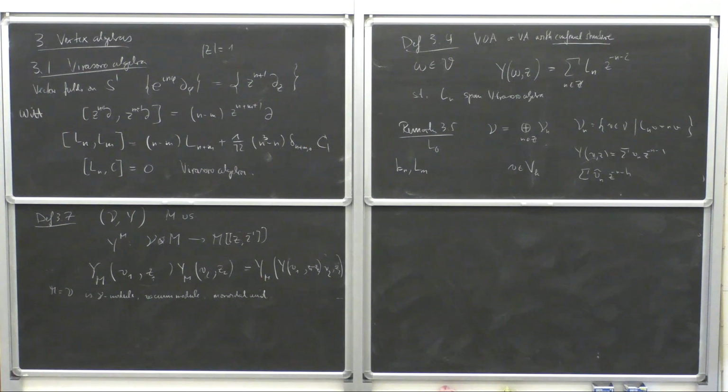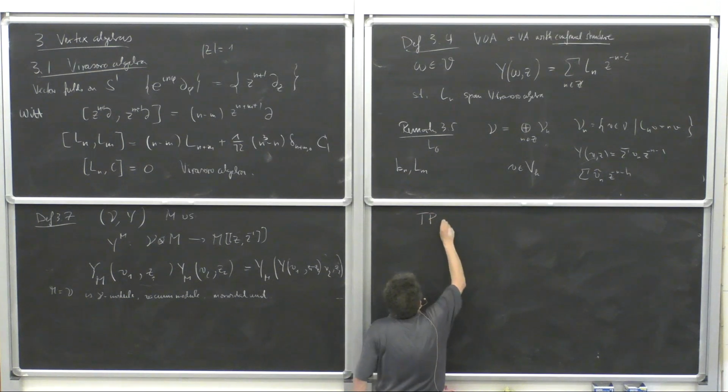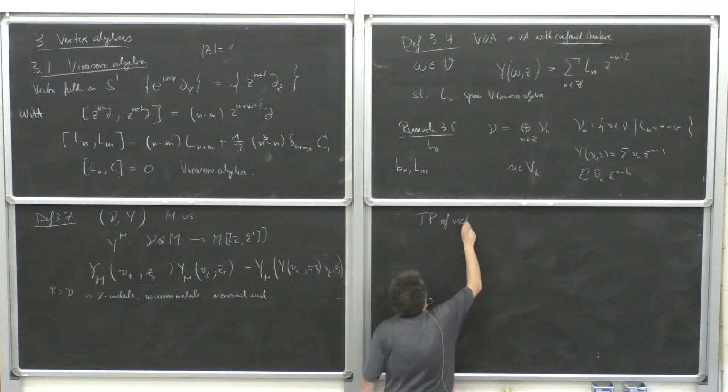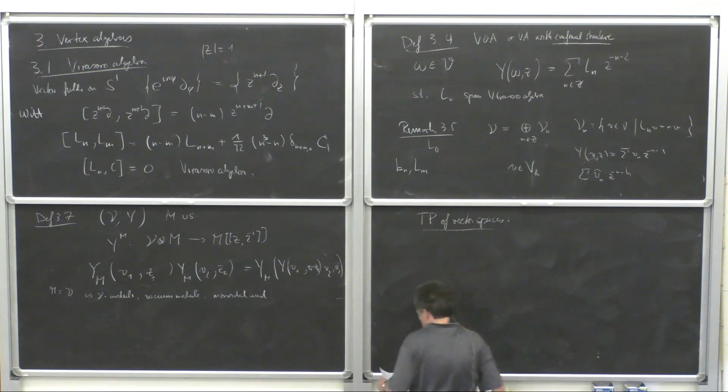So now I'm coming to a very crucial point, and that's the tensor product. So maybe I do something which probably all of you have seen, which is the tensor product of vector spaces. I'm not going to construct it, but I'm characterizing it. So let's first look at this tensor product of vector spaces.